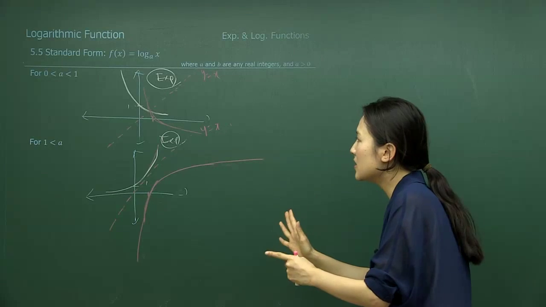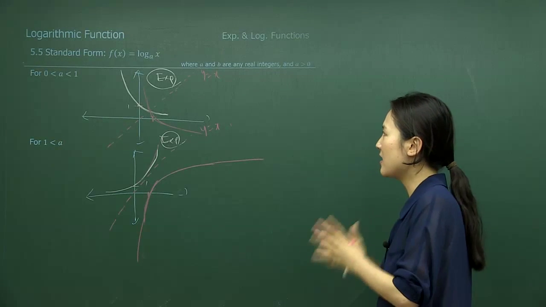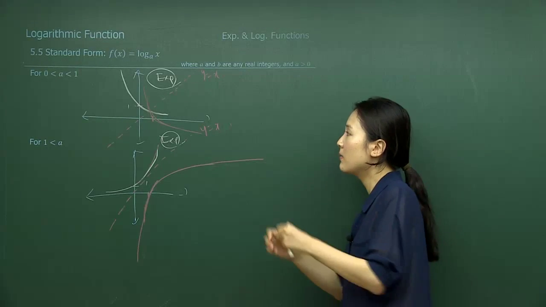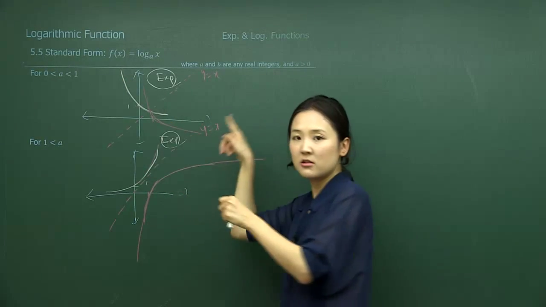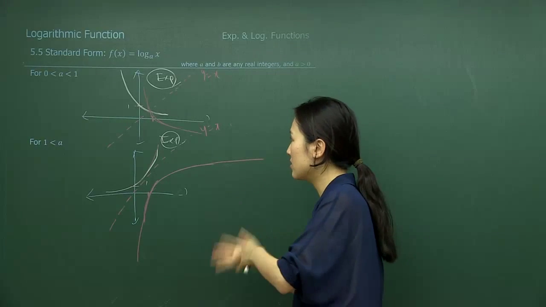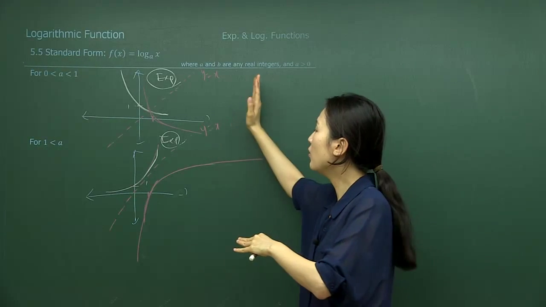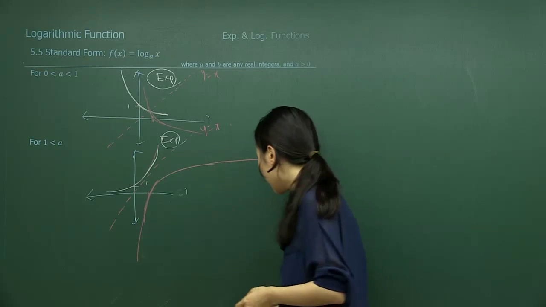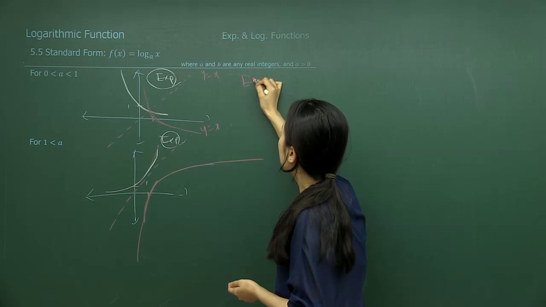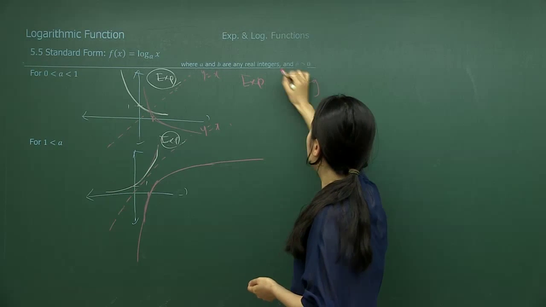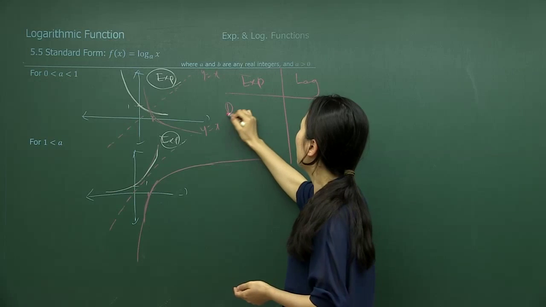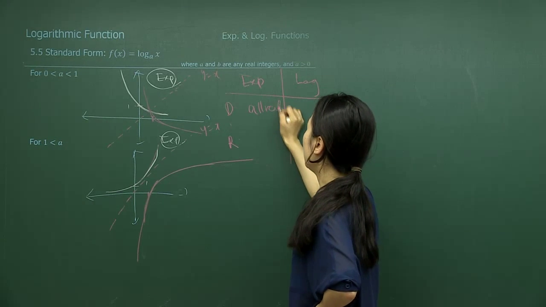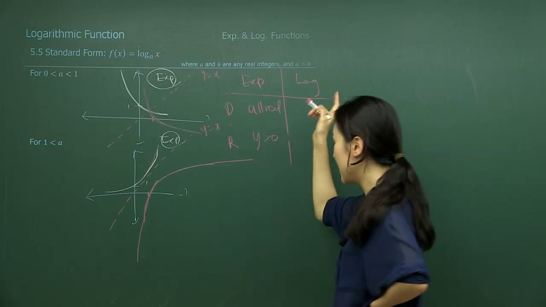And if you consider the domain and the range of the exponential function before, do you still remember the domain and the range? Remember how it was all real values for the domain, but the range was greater than 0? The domain and the range swap around for the logarithmic function. So for exponential, the domain is all real values and the range is y greater than 0.